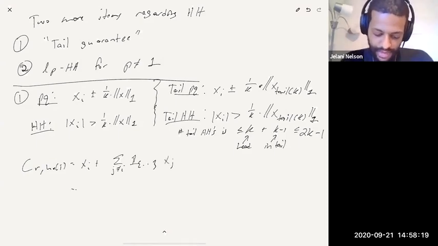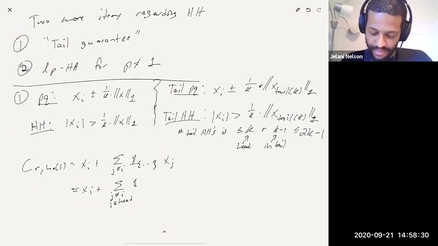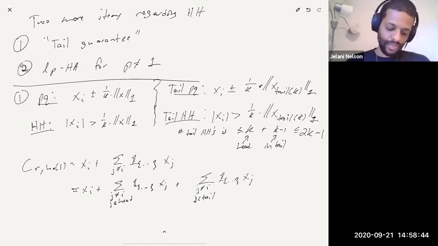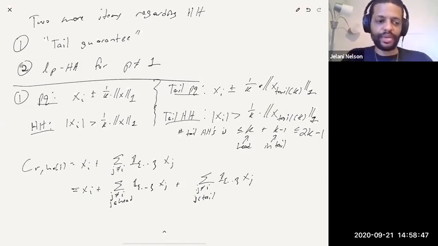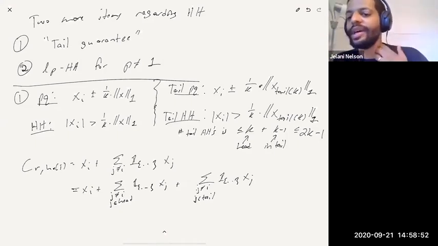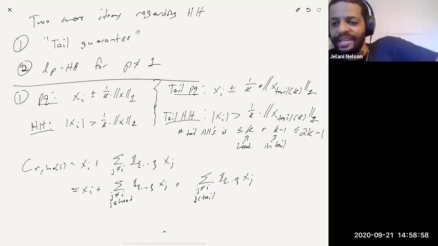Let me write this as x_i plus the sum over j not equal to i, but j is in the head, of that thing, plus the sum over j not equal to i, but j is in the tail, of the same thing. Now, how many people are in the head? k. How many buckets do we have at this row? We have b buckets. Think of b now as being like 10k.